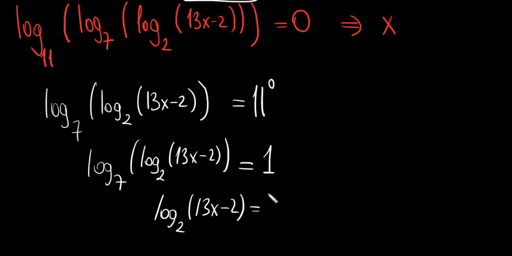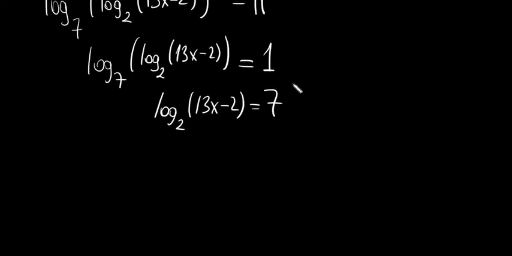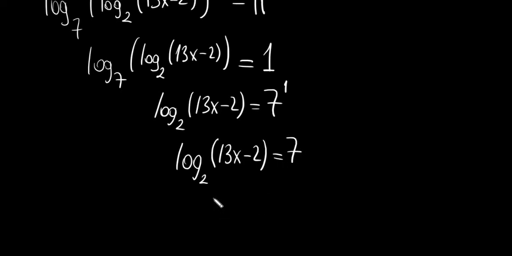And 7 to the power of 1 is 7. So log base 2 of 13x minus 2 is just going to be 7. So 13x minus 2 is going to be 2 to the power of 7. So that's 13x minus 2.